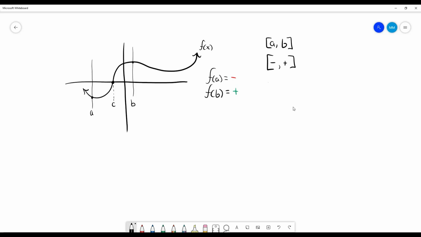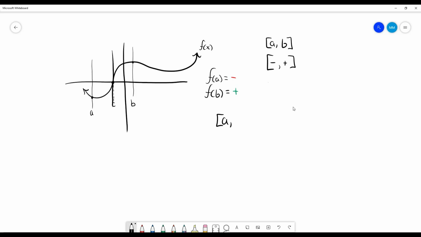So what the bisection method is: if one endpoint is negative and the other is positive on this interval, then we can estimate about where this zero is by cutting our interval in half. So we go from a to b, and I cut my interval in half, so now I go from a to half of b.